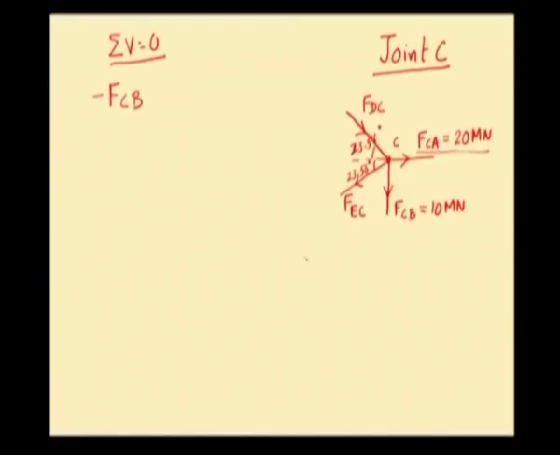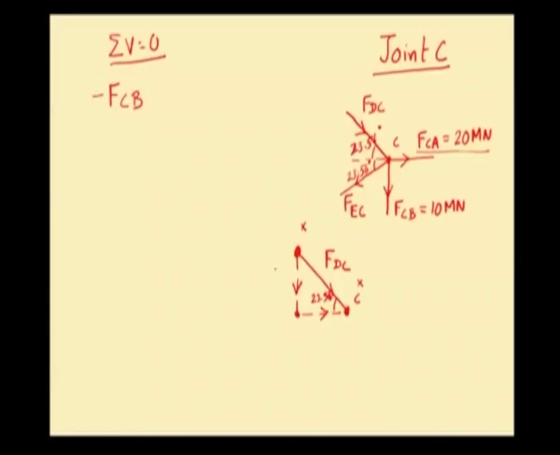Let us consider the force FDC. FDC acts like this. It starts from this particular point and it ends up at joint C. To move along this particular path, vertically we have to come down till this particular point, and horizontally we have to move towards left. This angle is known to us, which is 23.56 degrees.